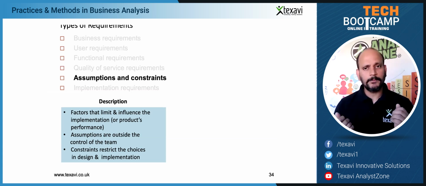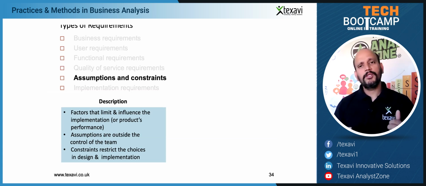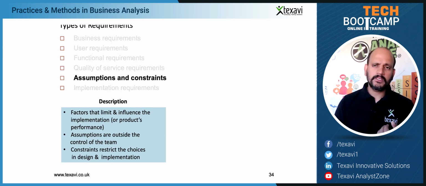So it's important as BAs that we understand what the assumptions underlying are when we're trying to identify the problem or create the solution. The assumptions could be about the business related stuff, the business rules, the constraints around business, constraints about technology.